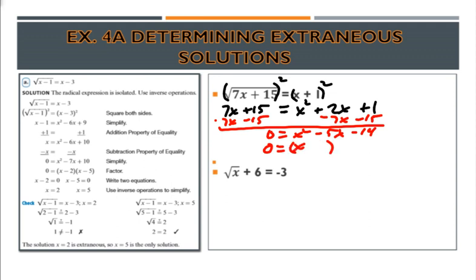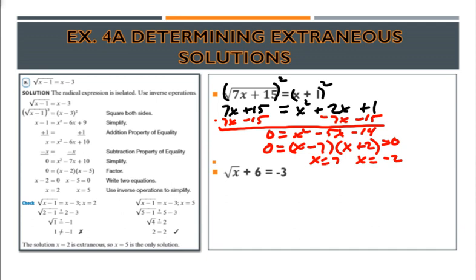So x minus 7 and x plus 2. If they both equal 0, I have an answer of x can equal a positive 7 and x can equal a negative 2. Now I have to check, does any of them make it extraneous?